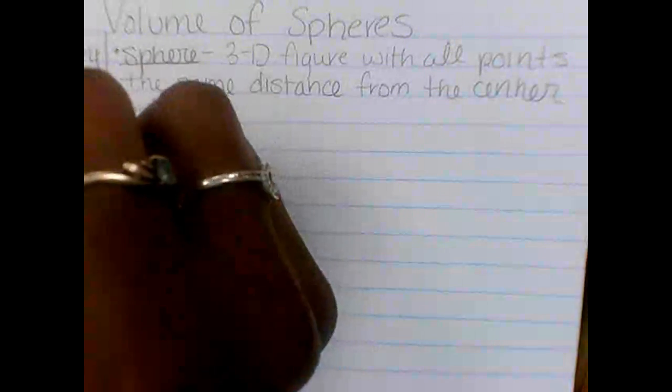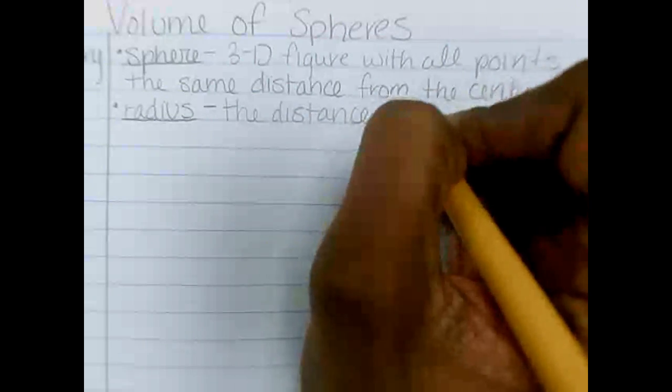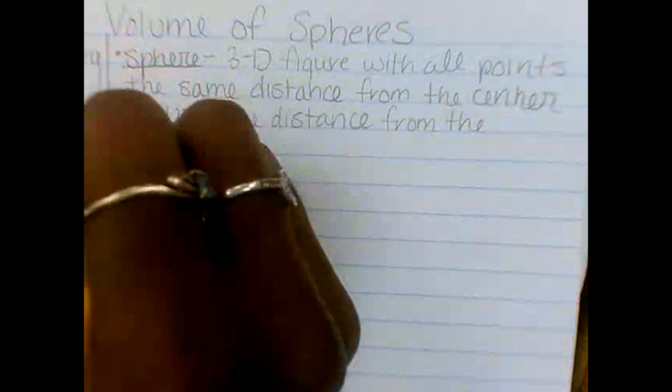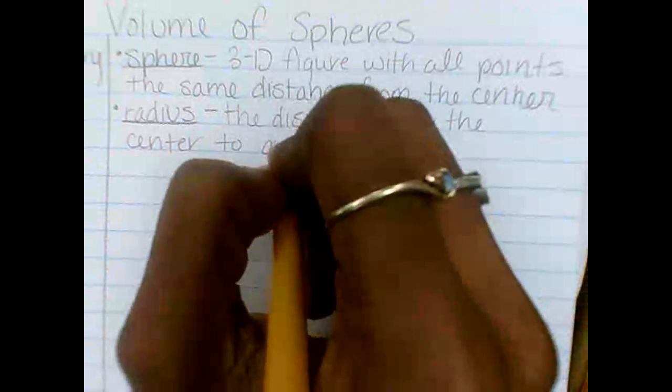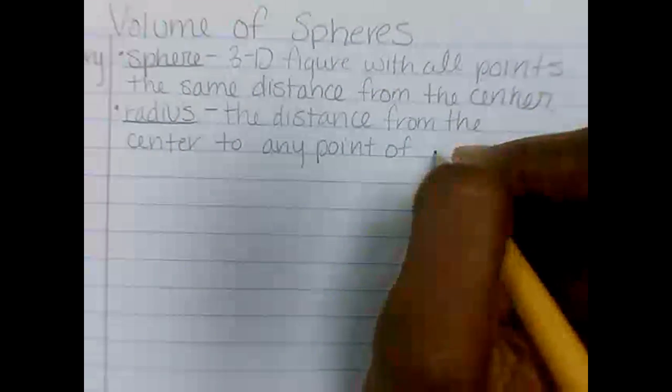Okay, your next vocabulary term is radius. The radius is the distance from the center to any point of a sphere.